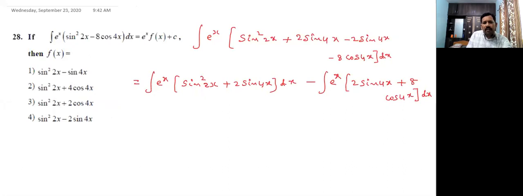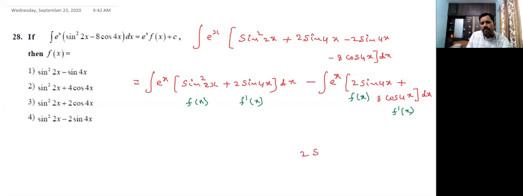Here observe that this is f of x and this is f dash of x. Here also this part is f of x and this is f dash of x. Yes or no?